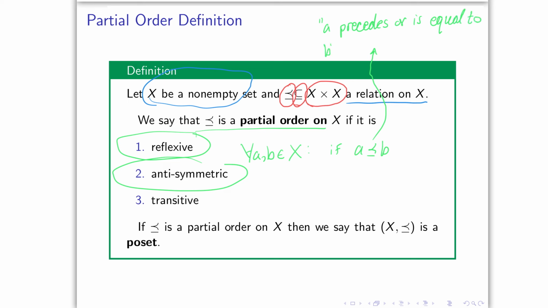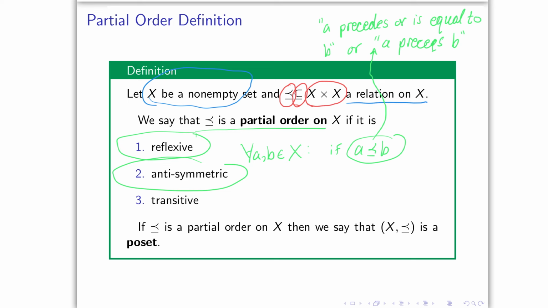But that's a lot. I don't want to have to say that every single time. So for short, I'll say A precedes B. That's my shorthand for A precedes B or is equal to it. And that is how I pronounce what I'm writing here.